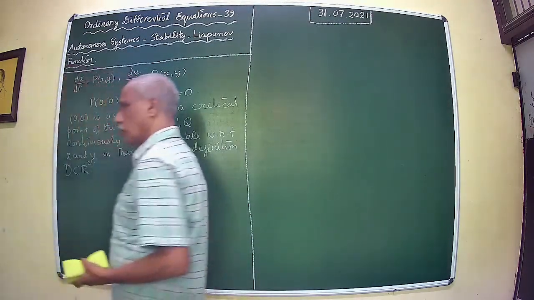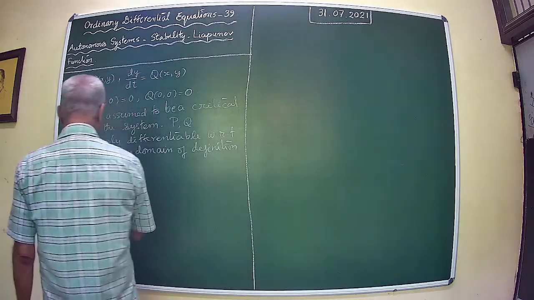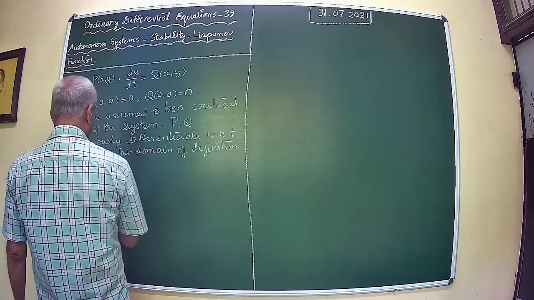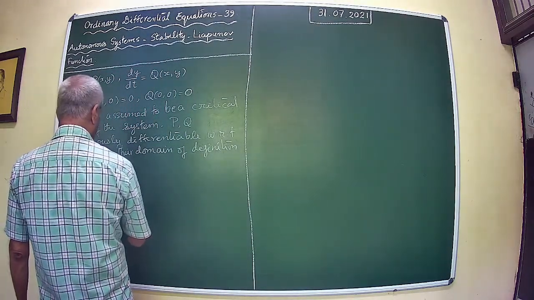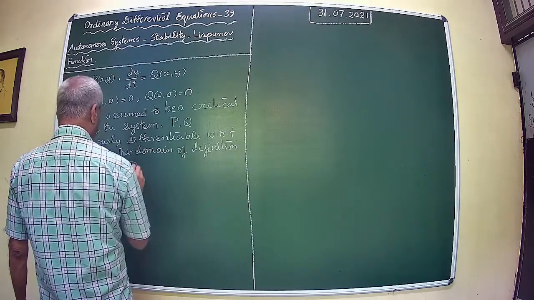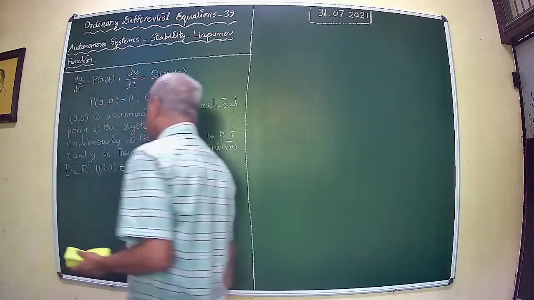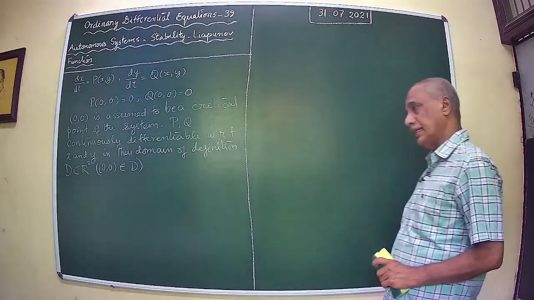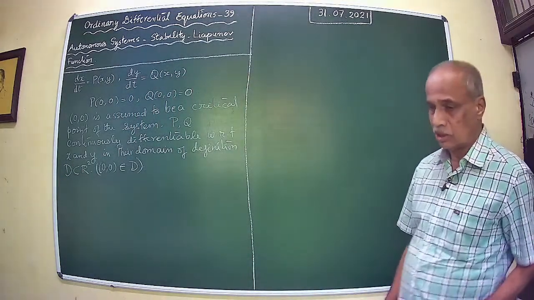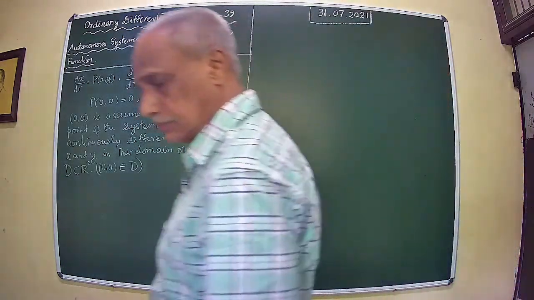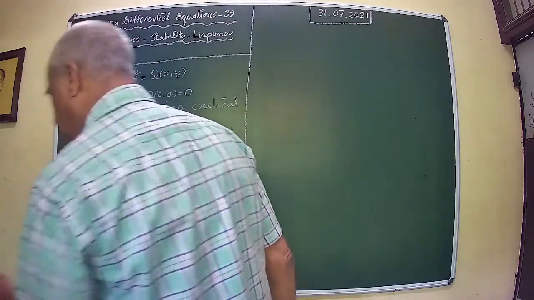D is of course open, and we have (0, 0) in D. That's the status of the autonomous system that we are trying to look at.